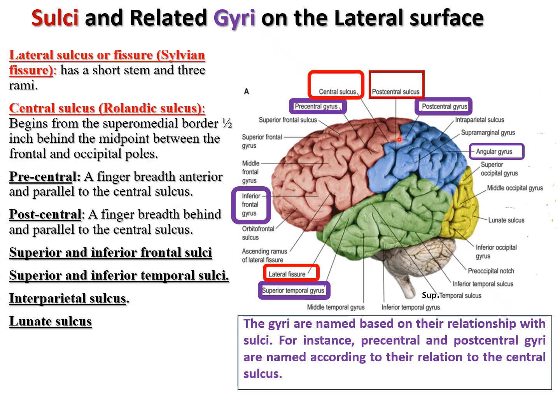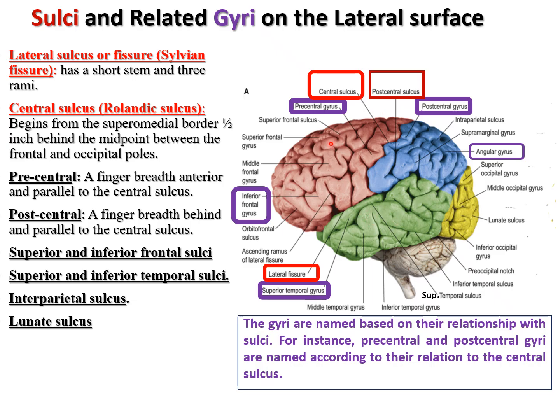This sulcus is important because it is also continuous on the medial surface, and the area on the medial surface around it is called the paracentral lobule. So that's the central sulcus. In front of it you can find the frontal lobe, and behind it you can find the parietal lobe. Another sulcus is the lateral sulcus, or lateral fissure, which separates the frontal lobe from the temporal lobe below it.